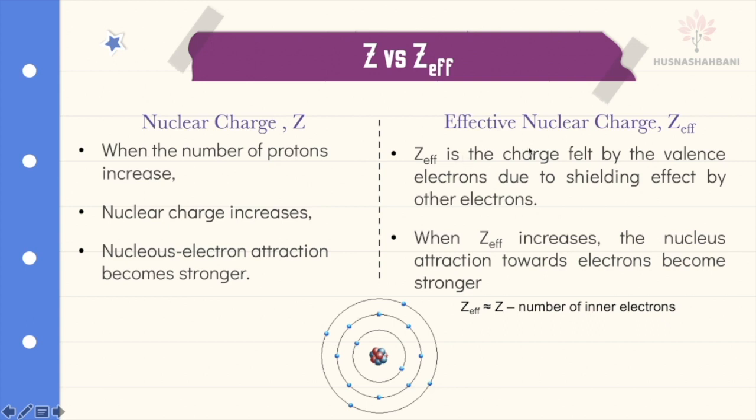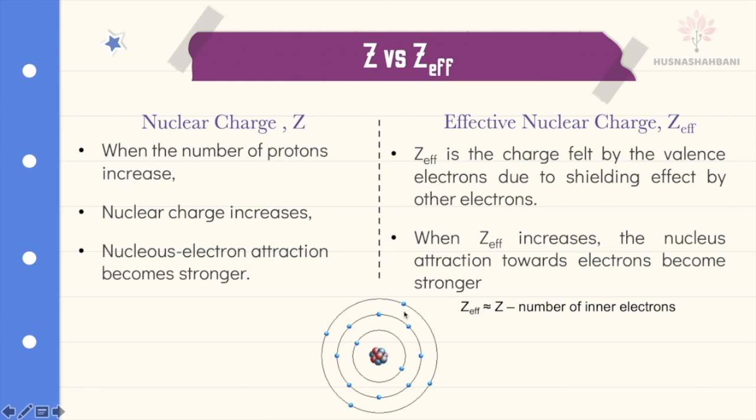Z effective is the charge felt by the valence electron due to shielding effect. It means this electron is less attracted towards the protons in the nucleus because of the shielding effect by the inner electrons.